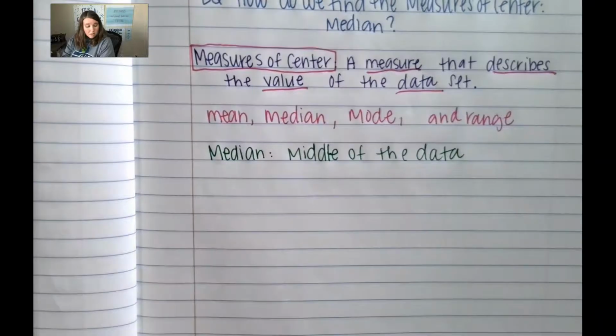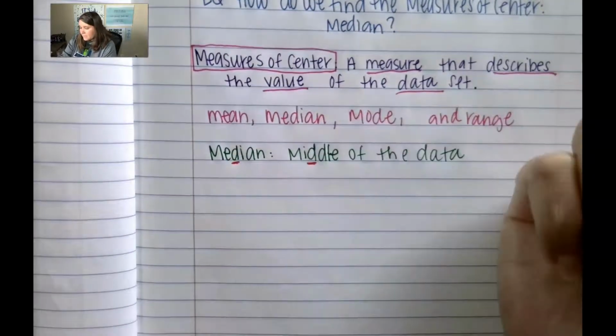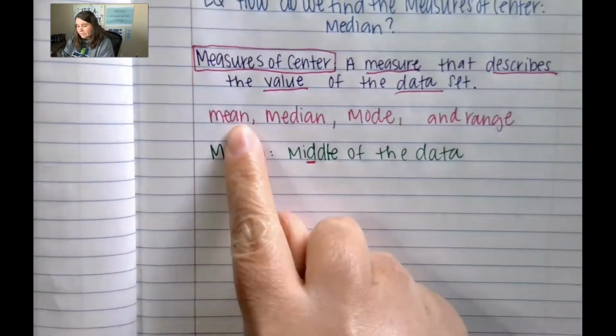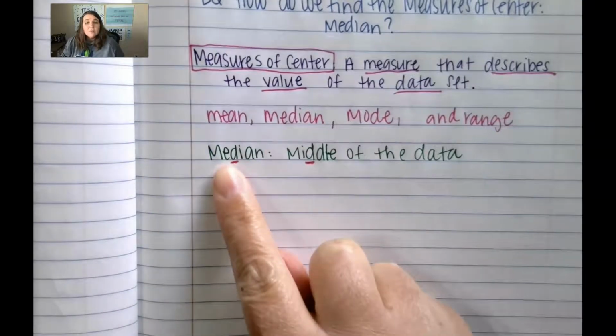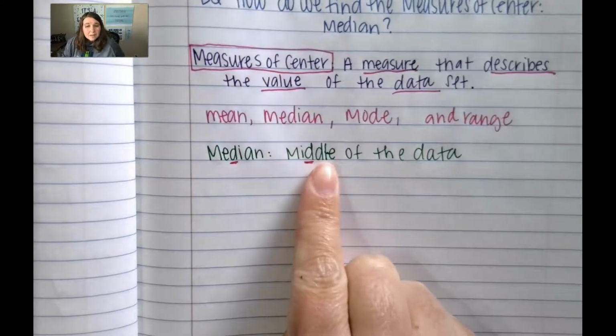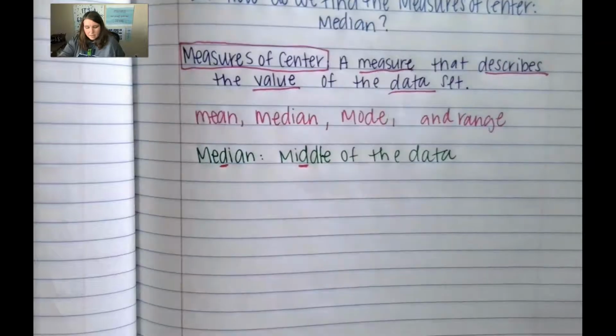Okay, so middle. The way that I can remember middle for median is because median has a D, and so does middle. Just like average had an A and mean has an A. They kind of go together. So this is how I remember median is middle, because they both have a D. Okay?